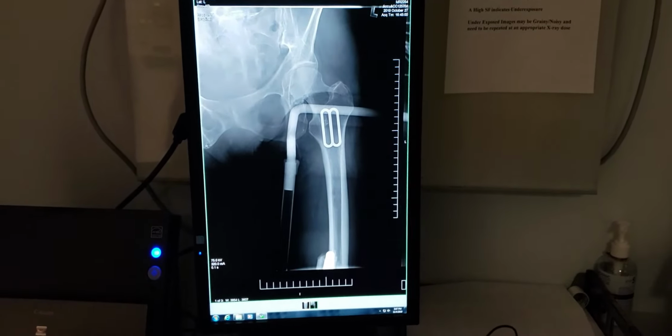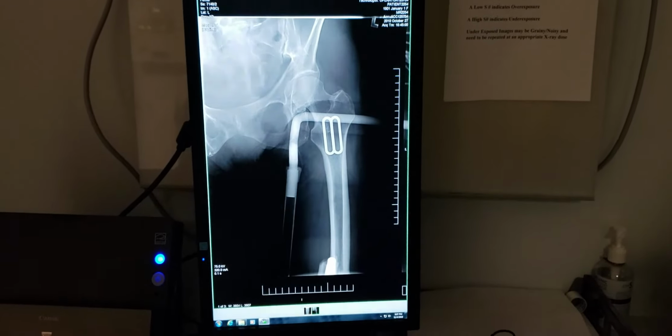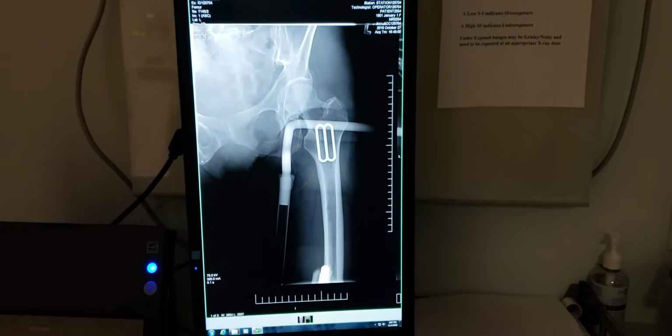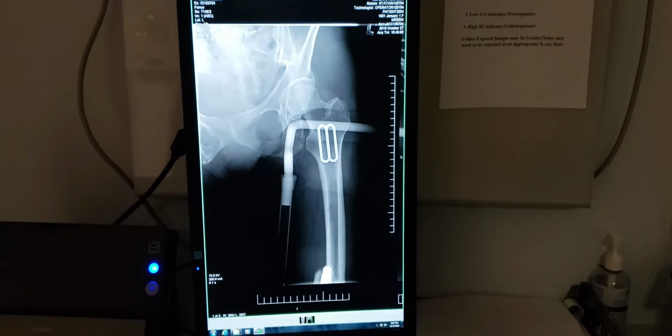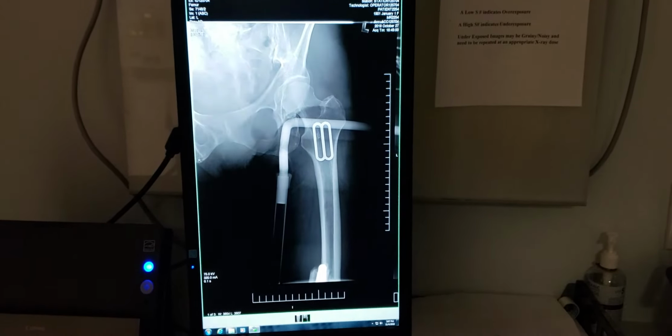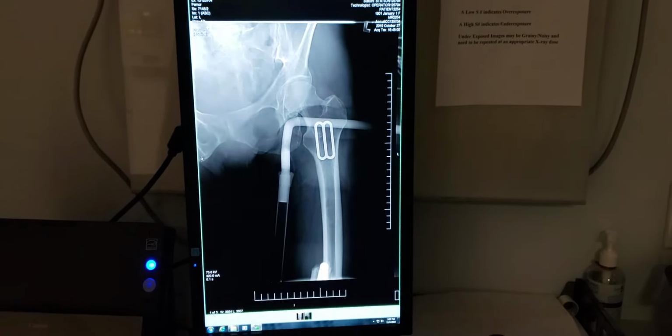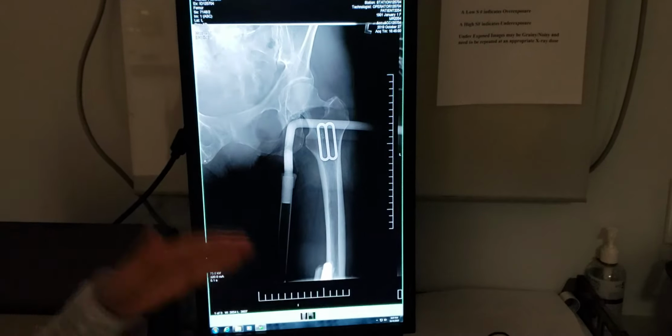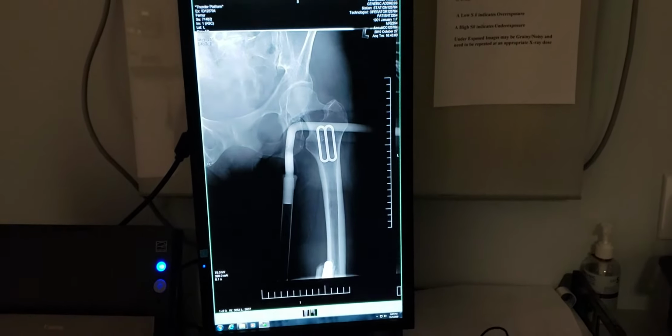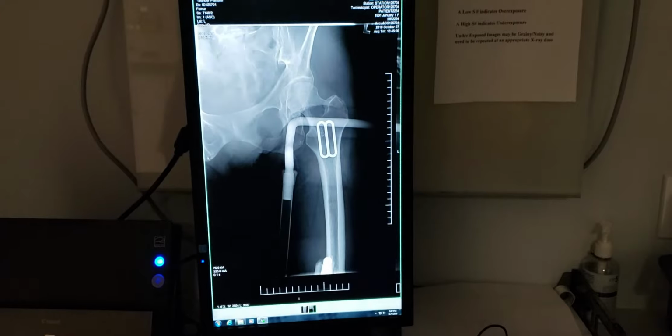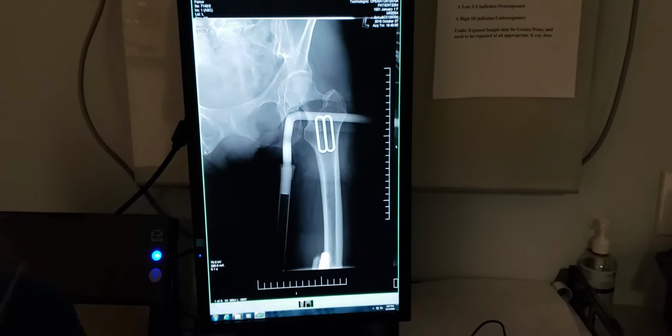And I would give this image an A-. I believe it's a good image. It just could have been collimated a little better, but in this situation the tech had to move quickly, and they still got the whole proximal femur and the hip joint and everything that was necessary. So I give it an A-.